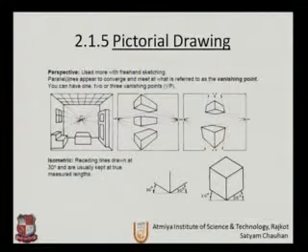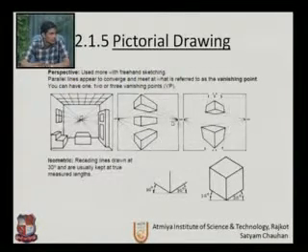In the perspective method, it looks more or less like freehand sketching. The parallel lines appear to converge and meet at what is referred to as the vanishing point. So it is drawn with the point of one reference. And in isometric, the receding lines are drawn at a 30-degree angle.